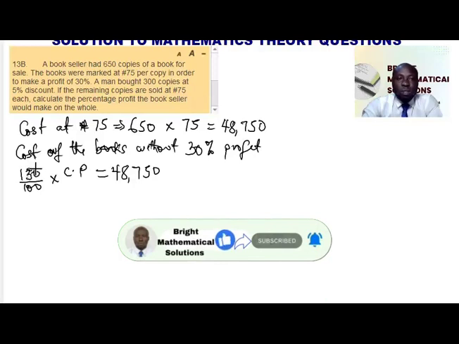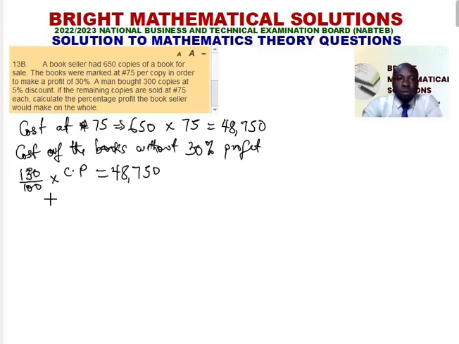This is the total cost of the book plus the profit, divided by the 100%. So that will now give us 130 CP equals 48,750 multiplied by 100.